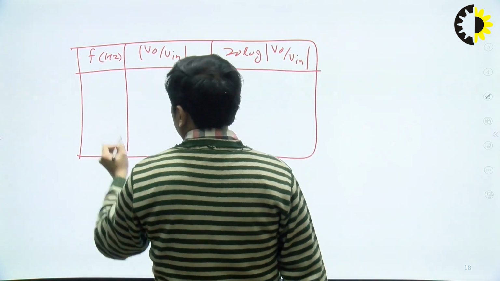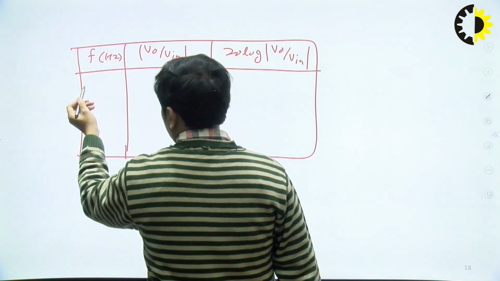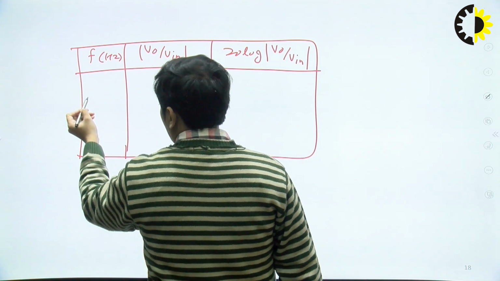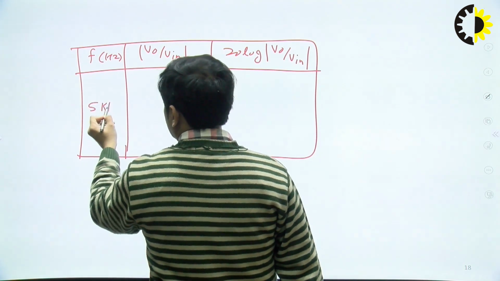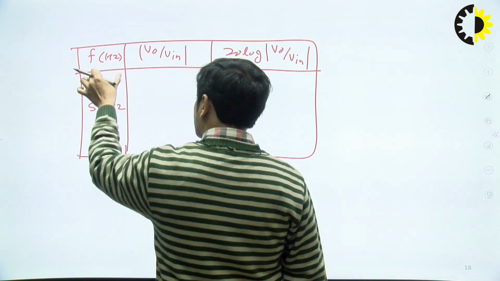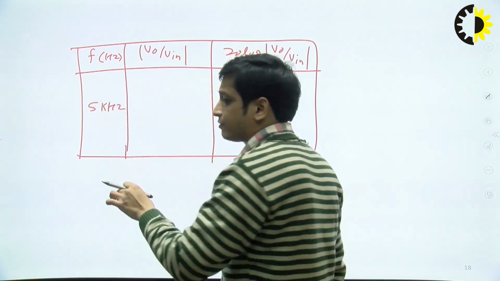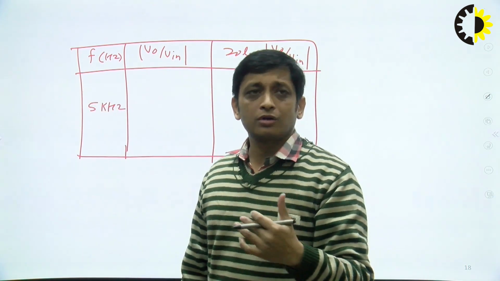Just take few frequencies and don't forget to take the cutoff frequency, and cutoff frequency is 5 kilohertz. Then take few frequencies lesser than 5 kilohertz and few frequencies above 5 kilohertz. We are doing this to draw the graph properly.